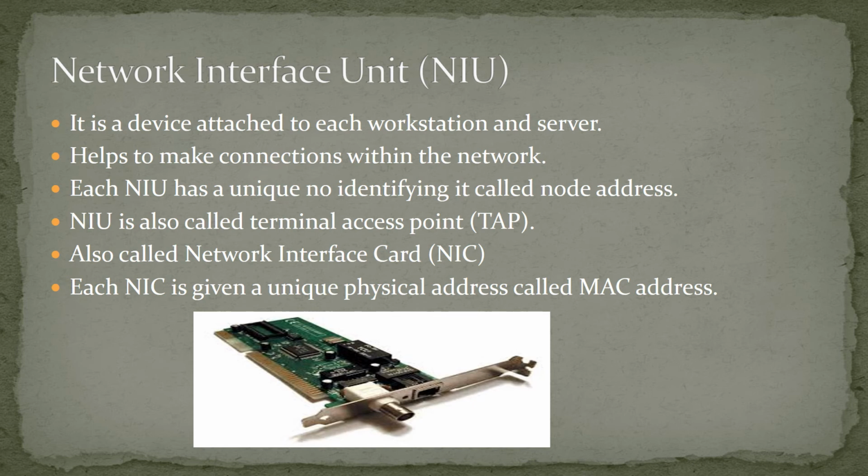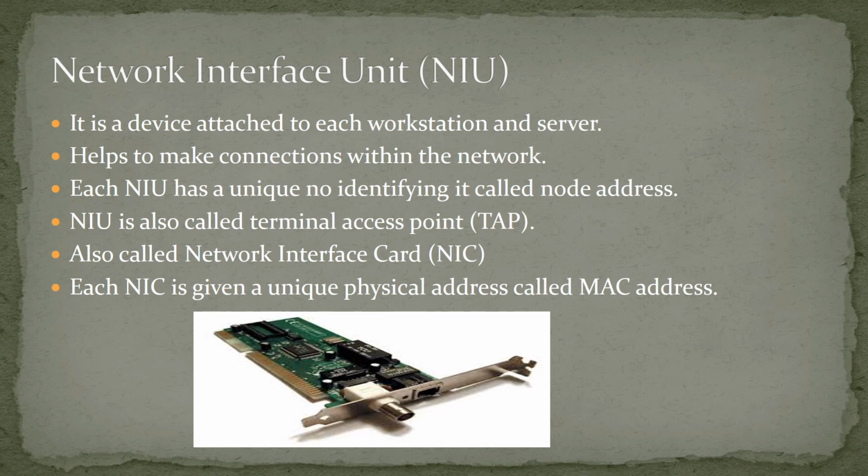Now NIU is also called terminal access point, or NIC, that is network interface card. Each NIU is given a unique physical address called MAC address, or the machine address. Every machine, every terminal in the network has a unique address, which is used to identify a particular machine in the network.